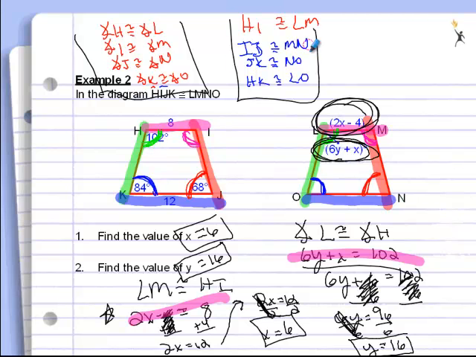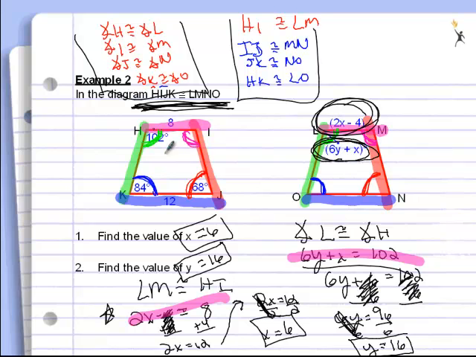Using these congruency statements is a great asset. That's why we did it first. We didn't even look at the pictures or the diagrams or the shapes. Right away, we took what they told us. We took this congruency statement and immediately started pulling off the congruent parts, the sides and the angles.